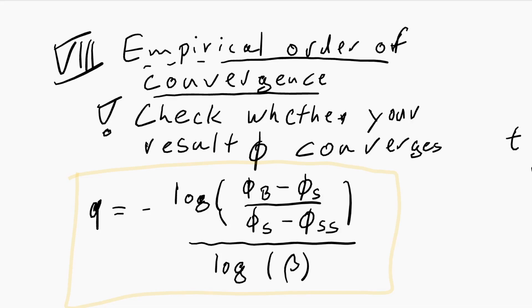And this is this equation, which I'm not going to derive here. So you can look this up in literature. We have a measured order of convergence that we call Q, and this is simply the slope in this curve where we take the logarithm of now a combination of three different solutions: the base solution, a scaled solution, and a solution that is scaled twice.